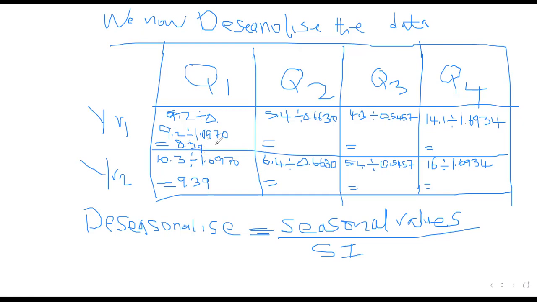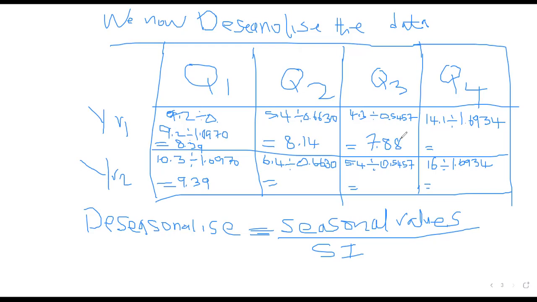So these are called deseasonalized cells. 5.4 divided by 0.6630 is 8.14. 4.3 divided by 0.5457 is 7.88. Then the other one is 14.1 divided by 1.6934.